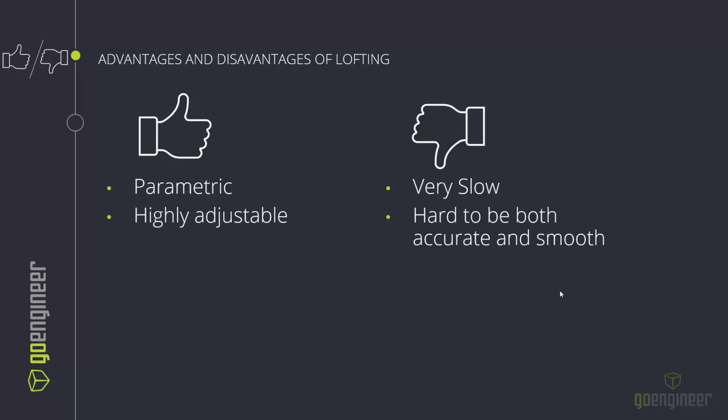By default, if you have a loft with a smaller number of sections, it's going to be smoother, but you won't necessarily capture every bit of curvature of the model. On the other hand, you can have lots of sections with very highly detailed sketches on each one and have something that is super accurate, but then it's not going to be as smooth as that simpler version. So it's hard to get both of those at the same time.